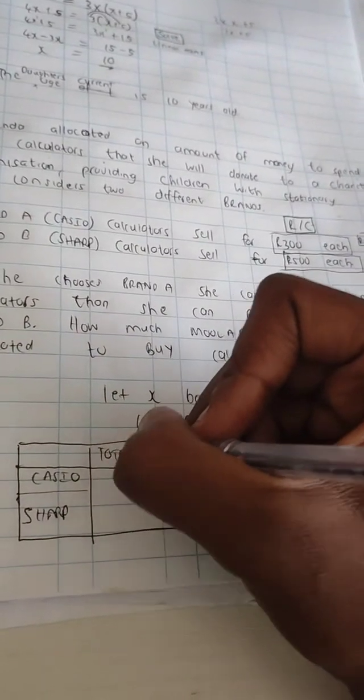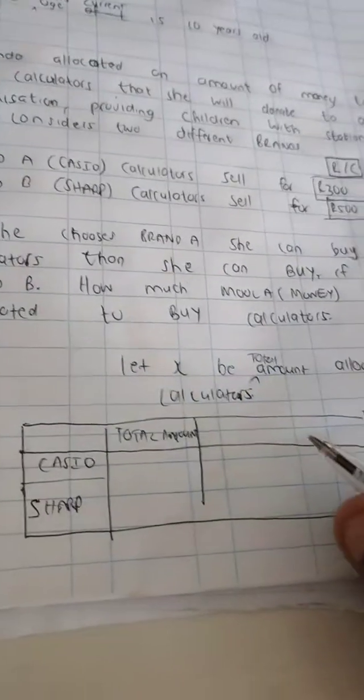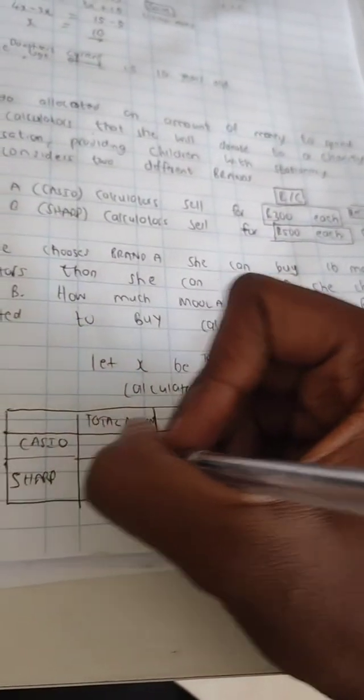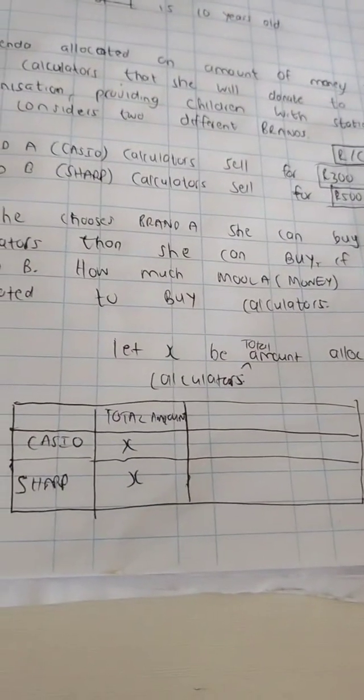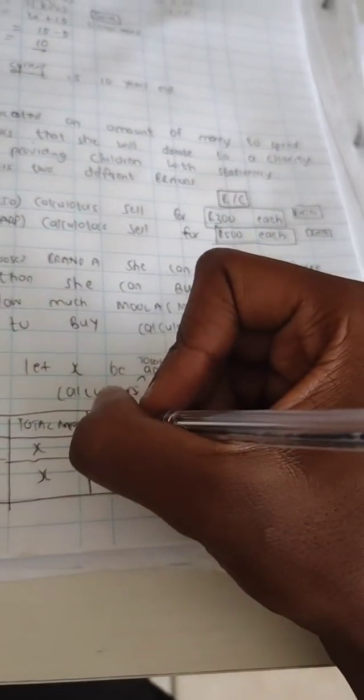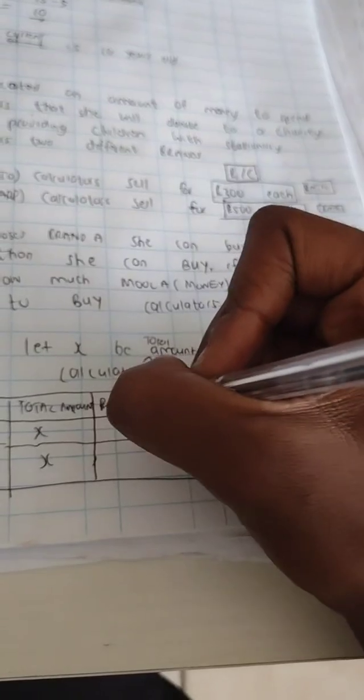Then we have that total amount that's allocated. Okay, so Brenda already said we let that be X because we don't know. All right, then we have that rate, or like the unit price, right?